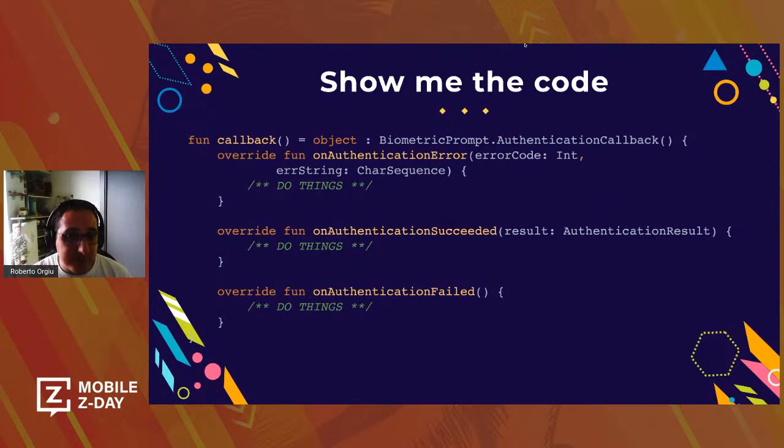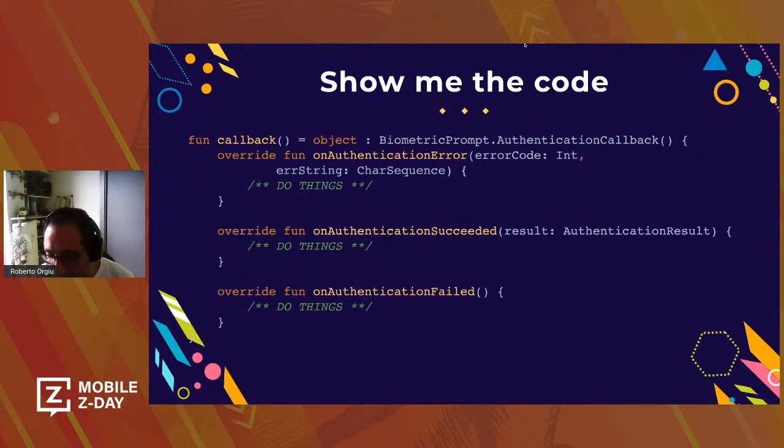But we also have two states in which our authentication went wrong. One will be when we fail the authentication, and one when there is an error. Usually, you fail the authentication when the user is not authenticated, and the authentication error is when there is some other system failure. And that's why we also have an error code and an error string.